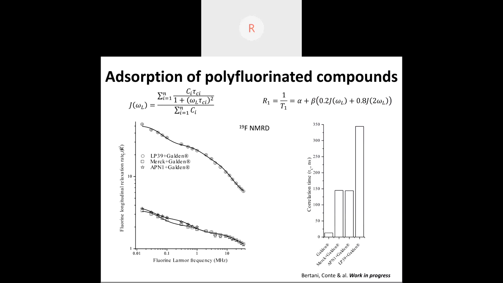So the residual coffee powder coming from the bars where you drink coffee was pyrolyzed at 700 degrees, and we obtained this biochar. Then Merck is the name of the company from which we bought this biochar, and LP39 is another commercial biochar. So we compared two different commercial biochars with one homemade biochar.